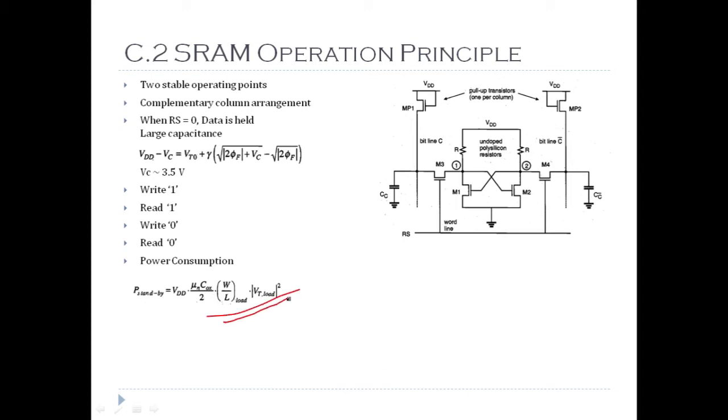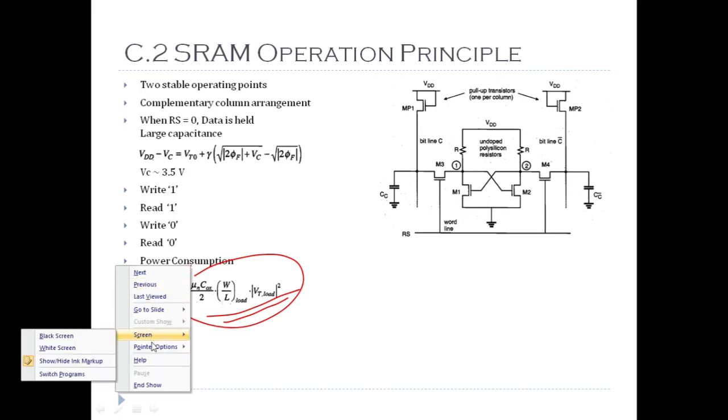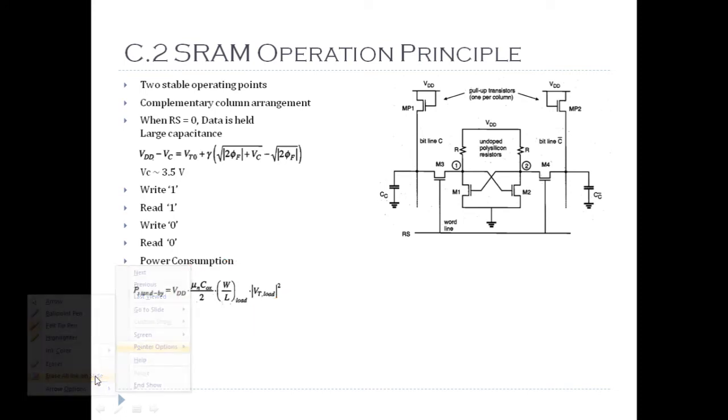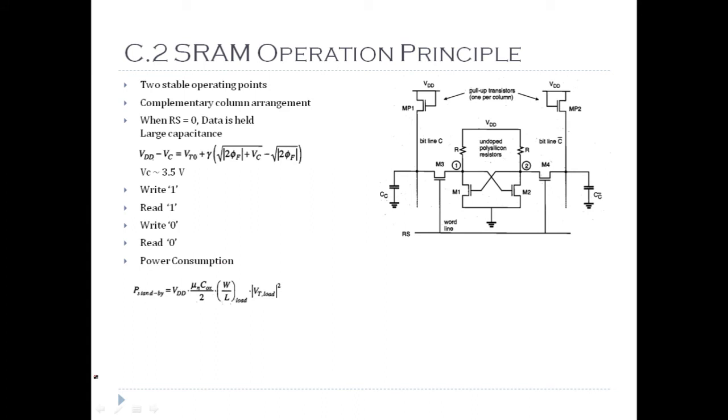This is the formula for drain current, and because both of these are in saturation, the current is given by this formula. So that is the formula for standby power consumption when there is no read or write operation happening.